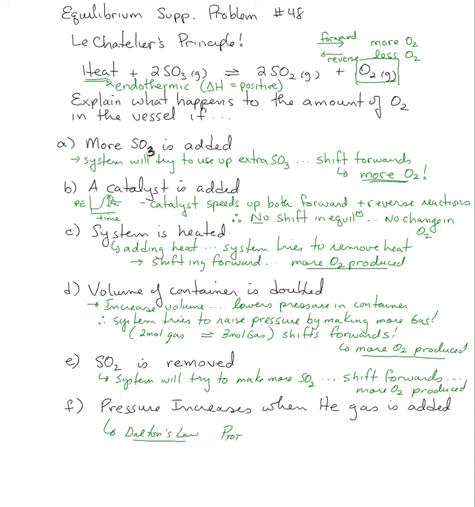Pressure total in a mixture of gases is equal to the pressure of one gas plus the pressure of another gas plus etc. So in this situation we would have pressure of SO3 gas plus pressure of O2 gas plus pressure of SO2 gas, and now we have a fourth gas, pressure of helium.